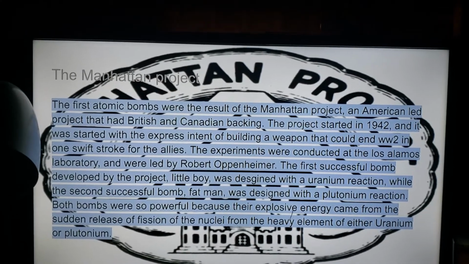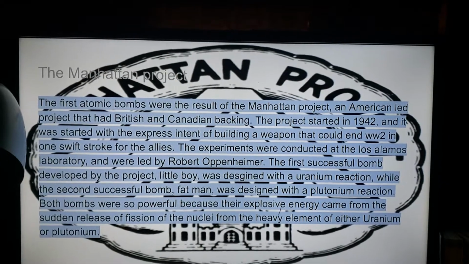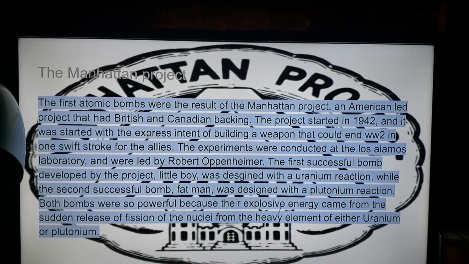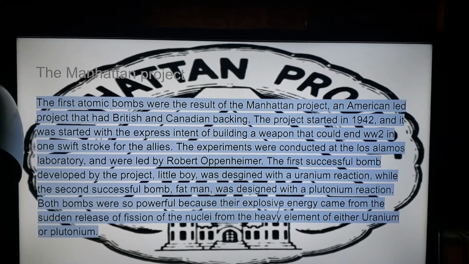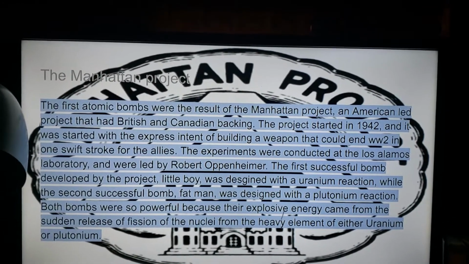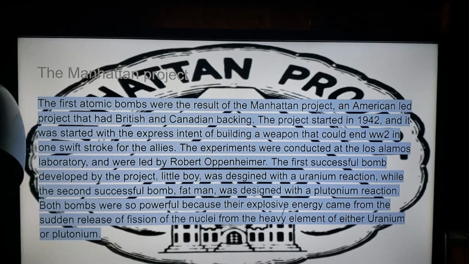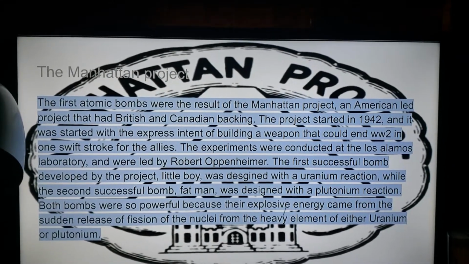So the project successfully developed two bombs: Little Boy, which had a uranium reaction, and Fat Man, with a plutonium reaction. Both reactions came from the fission of the nuclei of heavy elements, and that chain reaction caused an explosion.